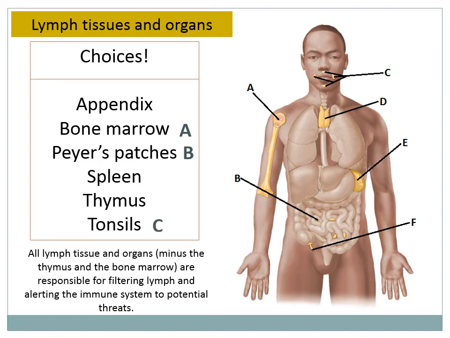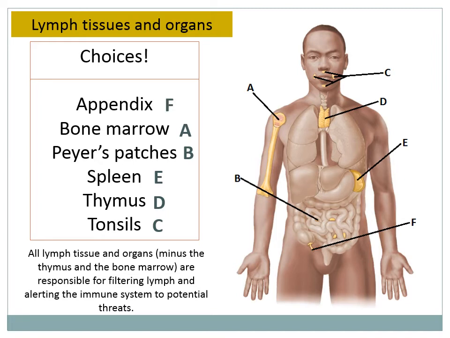What about D? D is your thymus, so that's just another lymph organ that we have. What about E? Good. E is going to be the spleen, which leaves F to be the appendix.